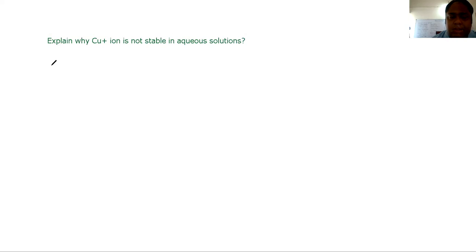Whenever such a reasoning based question will be there, the answer will lie in the electronic configuration only. The answer can be found out by comparing the electronic configuration. So copper has atomic number, electrons equal to 29. So valence electronic configuration will be 4s2 3d9 it is supposed to be, but it does not take place like that. Instead, we write 3d10 4s1.